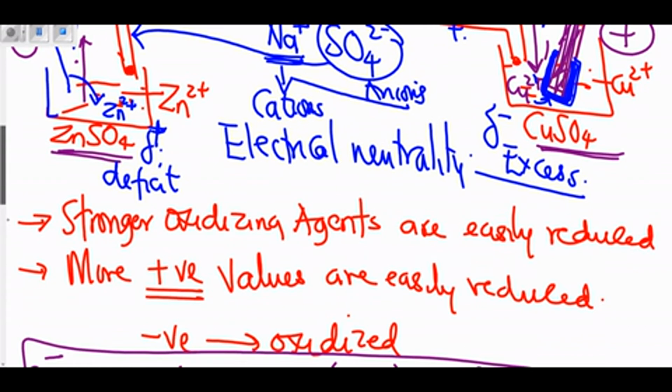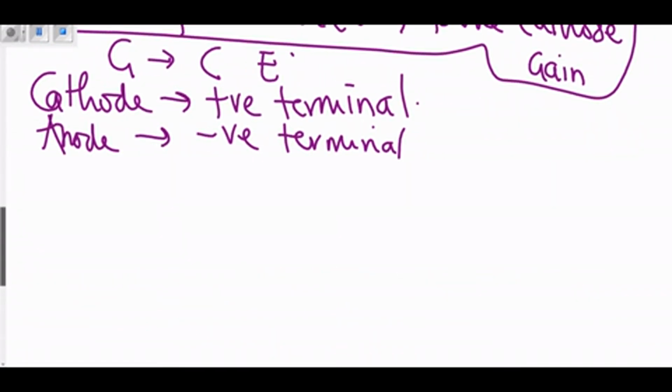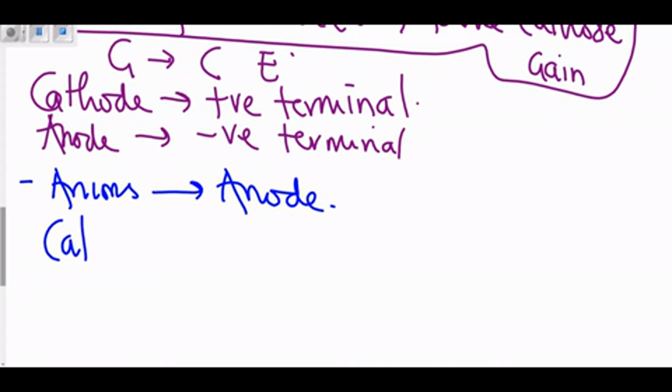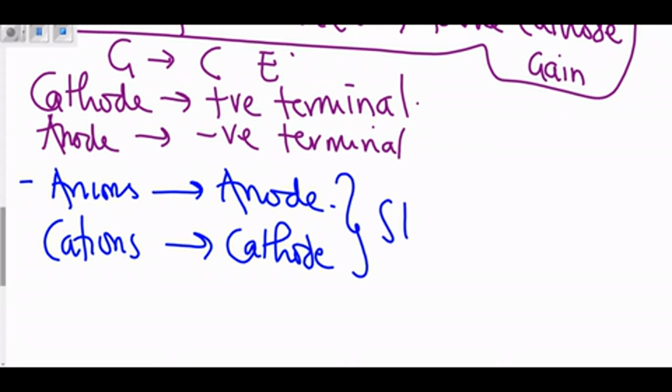Let me add this to the notes again. The anions move towards the anode, and the cations move towards the what? The cathode. This is your salt bridge. That's how your salt bridge works.